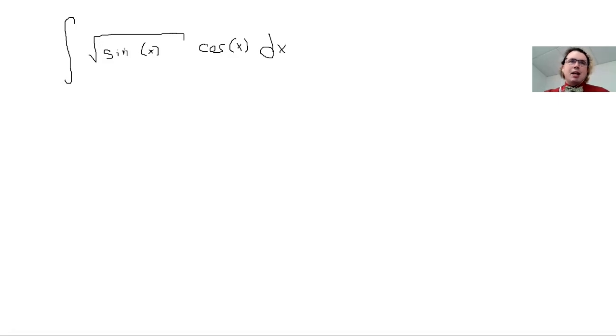So I notice that underneath the radical sign, I have the sine function. I remember that the derivative of the sine function is the cosine function. And since I have both of these things in my integral, I think I can clean this up a little bit and rearrange it into something a bit more simple.